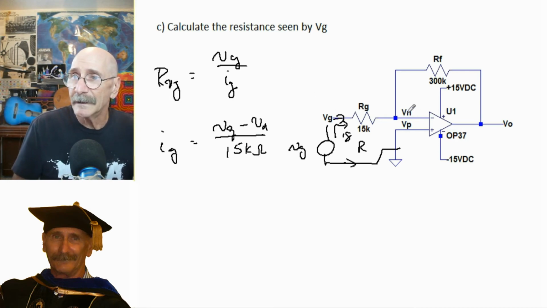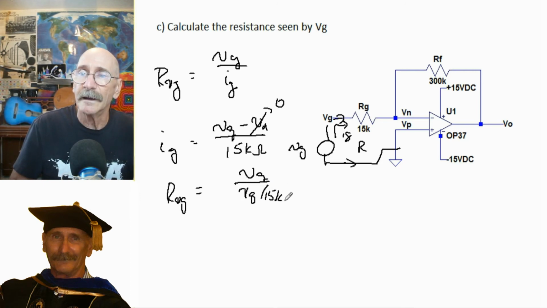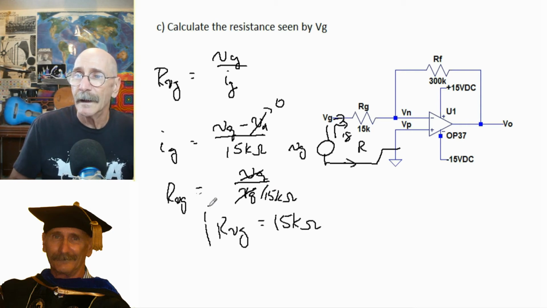Well, in the ideal case, of course, Vn equals 0. And what do we get when we plug in? R of Vg is just equal to Vg divided by Vg over 15k ohms. These two cancel out, and of course you get R of Vg just equals 15k ohms.